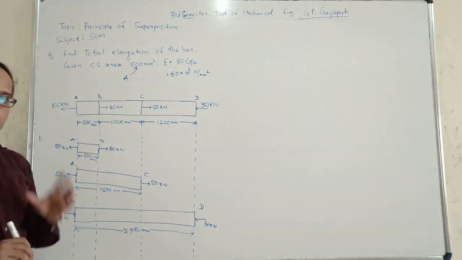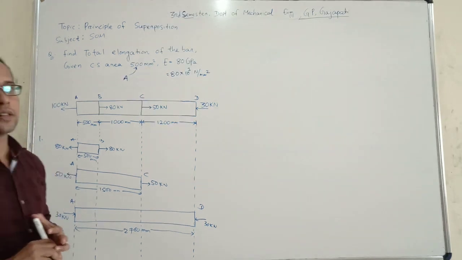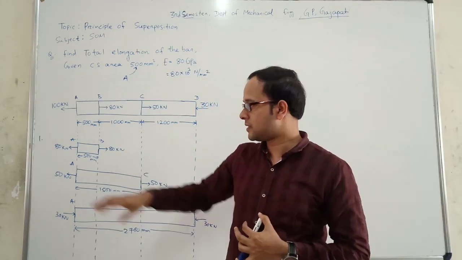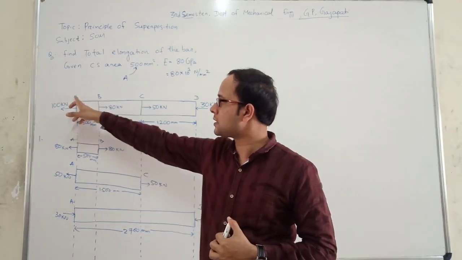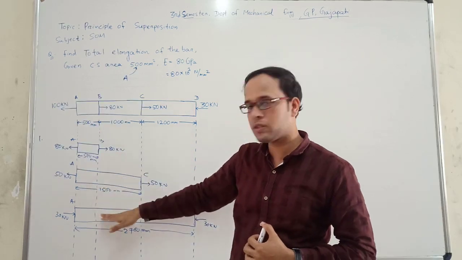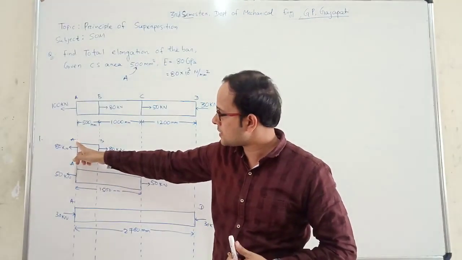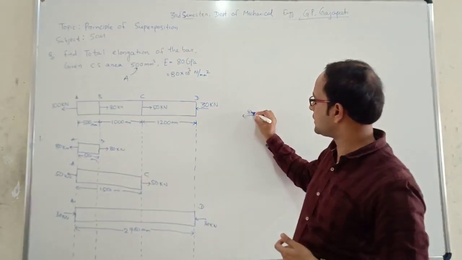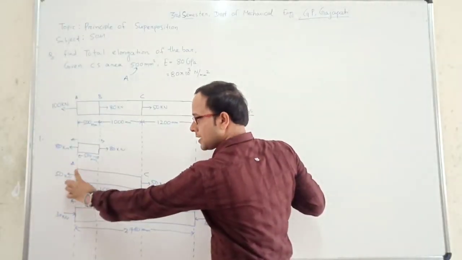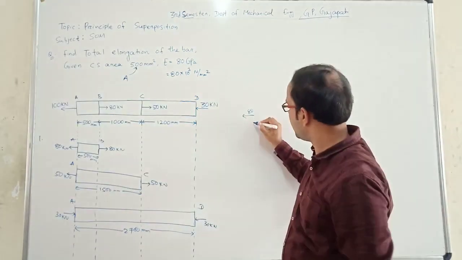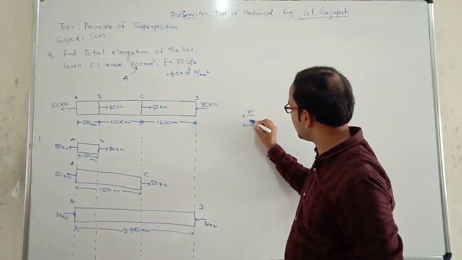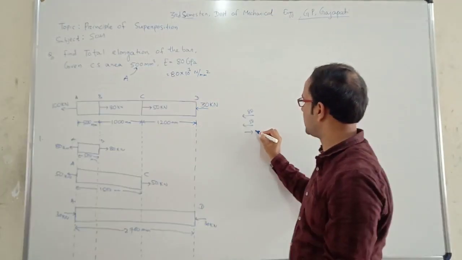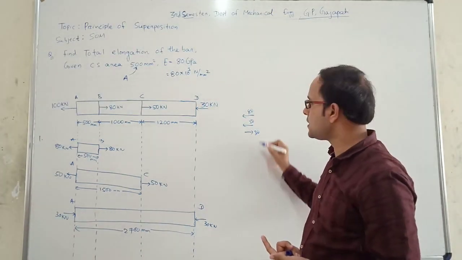So after that, in step 2, we have to compare the forces acting at cross sections. So I will consider cross section A. So I have divided into 3 sections. So at cross section A here 80 kilonewton that side, 80 kilonewton that side. Again at cross section A 50 kilonewton that side, 50 kilonewton that side, and 30 kilonewton in this side, 30 kilonewton in this side. So what is the resultant?